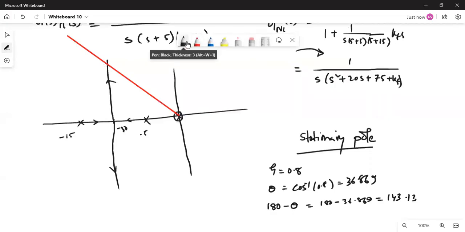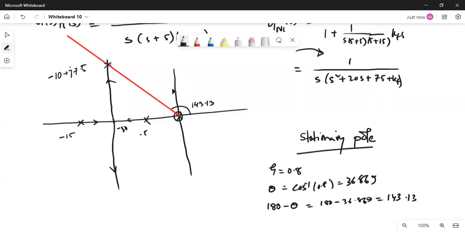This intersection point with an angle of approximately 143.13 will give you, according to the book, since we're just following their data, minus 10 plus j 7.5.